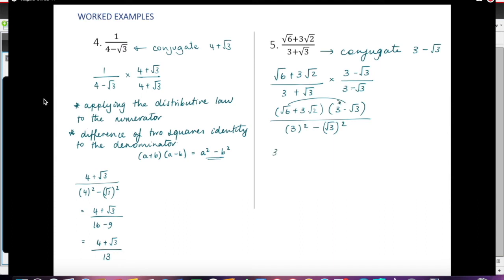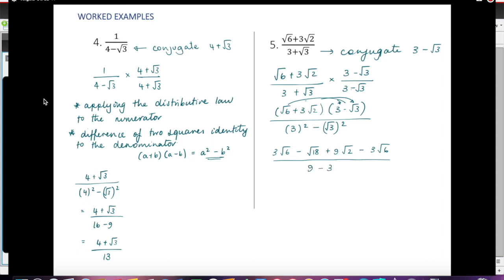That'll be 3 root 6 minus root 18 plus 9 root 2 minus 3 root 6. And all of that divided by 9 minus 3.